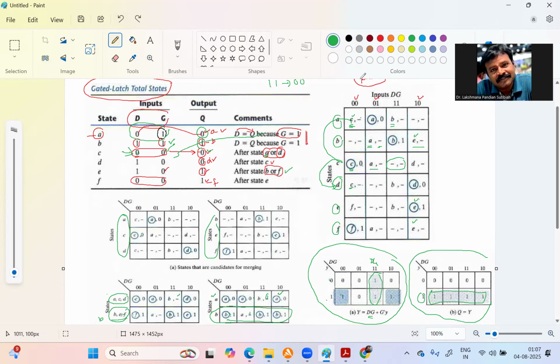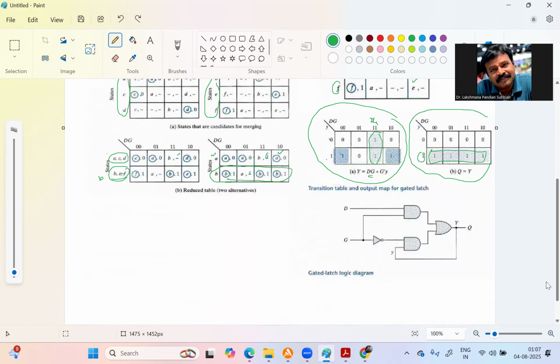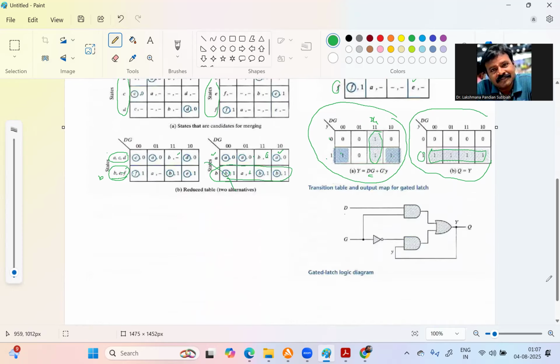Then using that map, you have to draw the circuit. So this is the circuit, right? So that is here D and G. So DG, right. Then here G dash and Y. This is G dash Y. Then this is the case as Y, right?